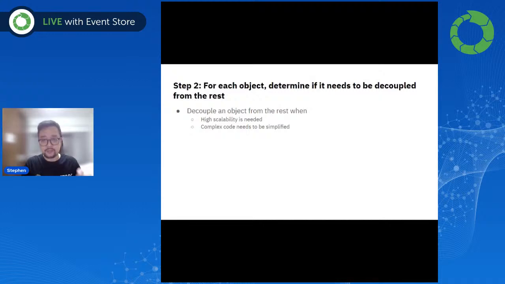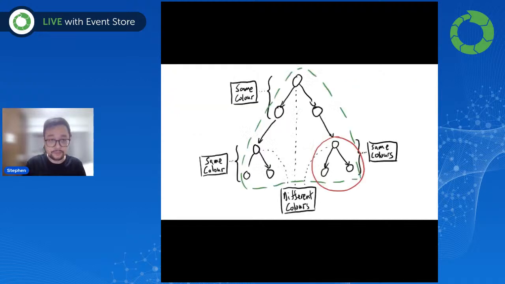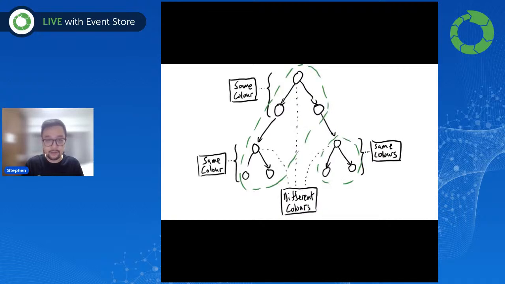Decoupling objects like this that might be complex can let it grow at its own pace while not affecting other objects. So if we have identified a set of objects that needs to be decoupled, say this one, we should redraw the boundary such that it's separated from the rest.